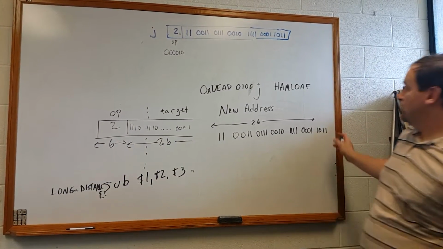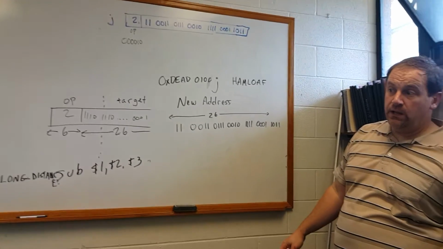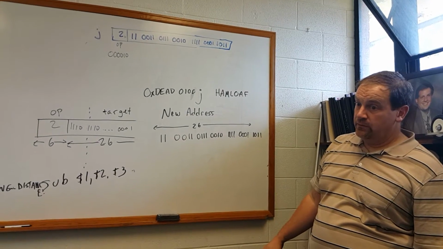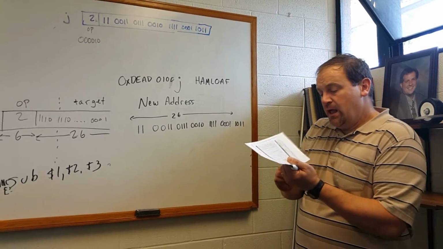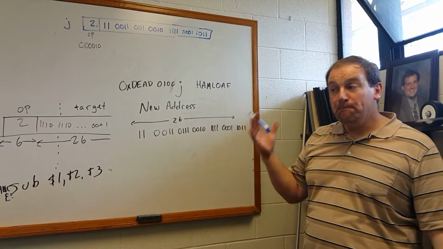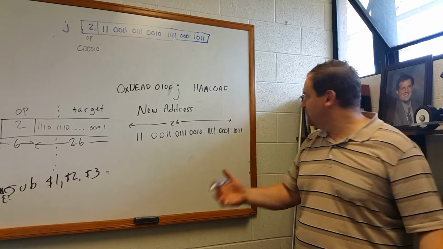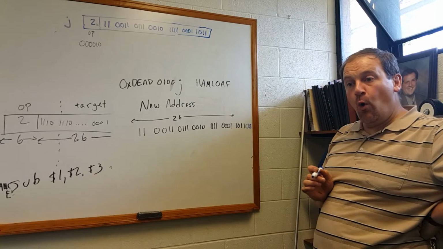Okay, so we'll have 26 bits. We need 6 more bits. Where are those 6 bits going to come from? First of all, we know that the last 2 bits must be a multiple of 4, therefore they must be zeros. So now we're missing 4 bits.